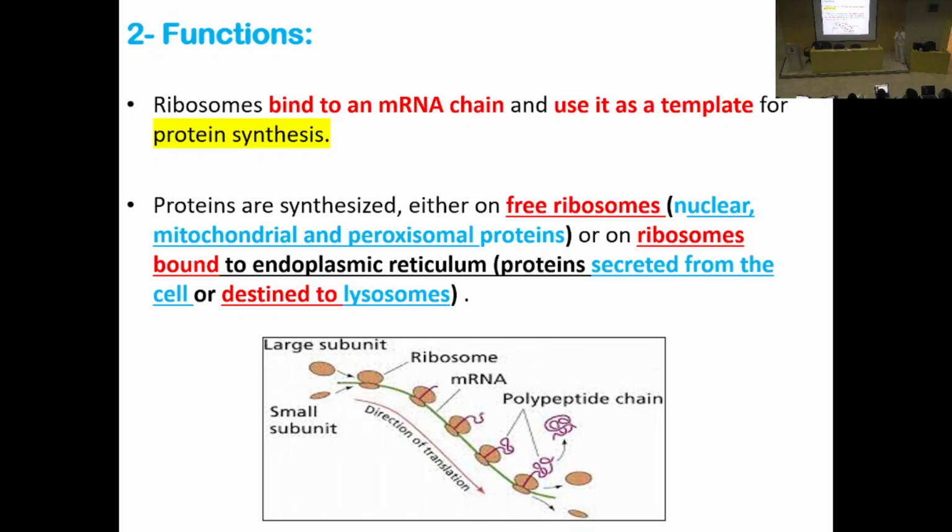However, the proteins synthesized by the ribosomes attached to the endoplasmic reticulum have a destination either the lysosomes, or they will be excreted outside of the cell, going to another organ, another cell. Clear? So the function is the same, however the destination is different. Okay? Clear? All right.